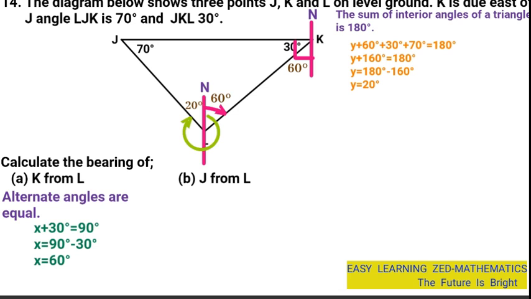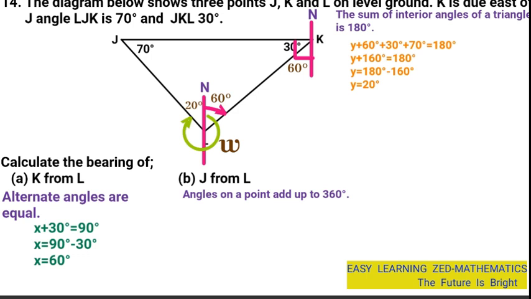To find the bearing of J from L, first of all, I'm going to name this bearing, which is in green, as angle W. Now we're going to use the property that angles on a point add up to 360 degrees, because when you look at 20 degrees and angle W, together they form a complete turn, a full rotation.